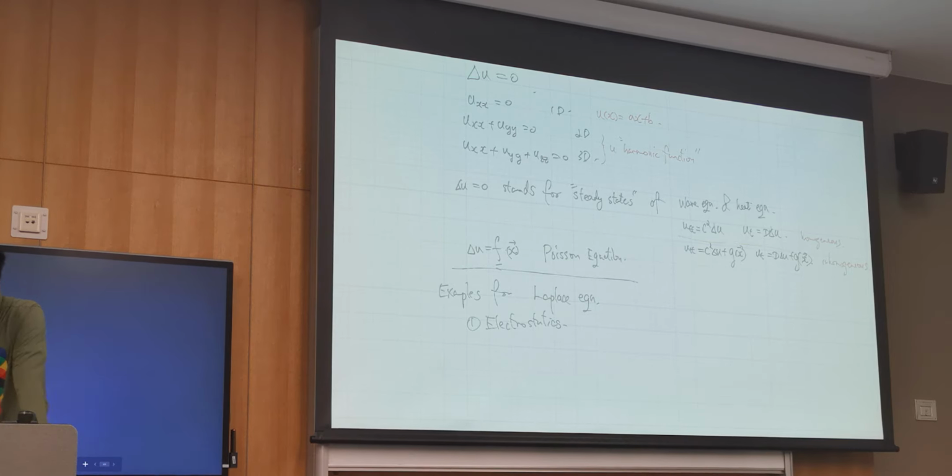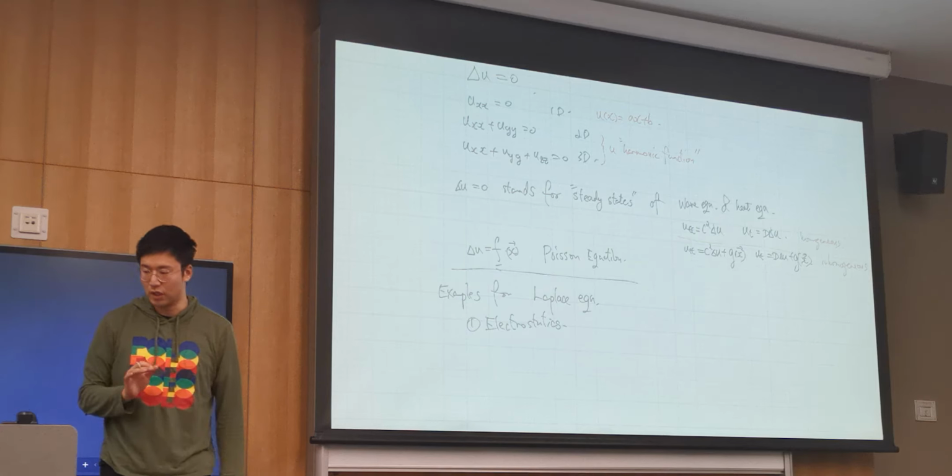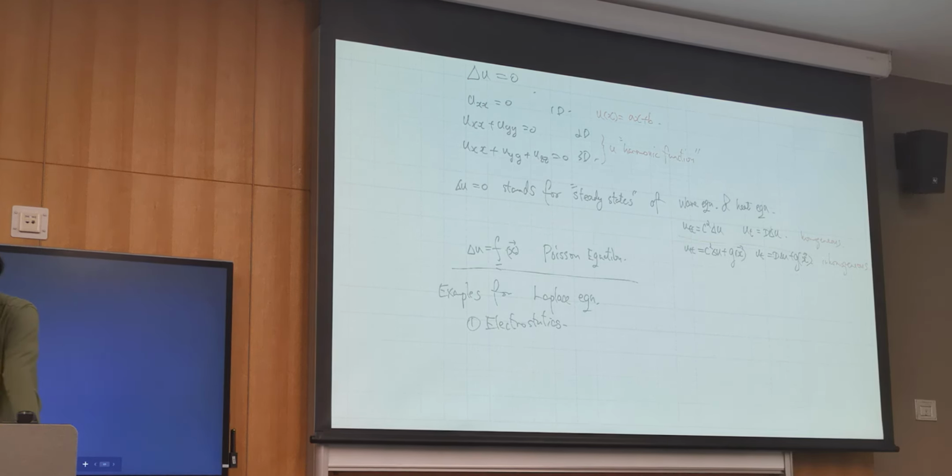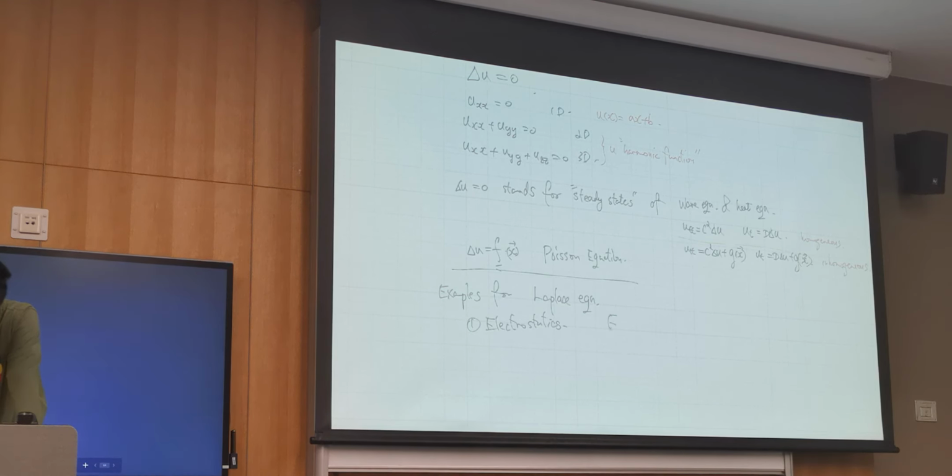This example will make perfect sense to you if you have the background of some electrostatic physics, but it doesn't make sense at all if you don't. What I'm going to do is simply write down E, a function of x. E stands for the electricity field.